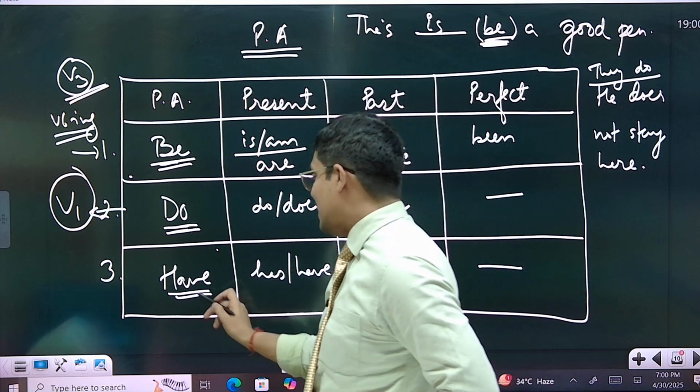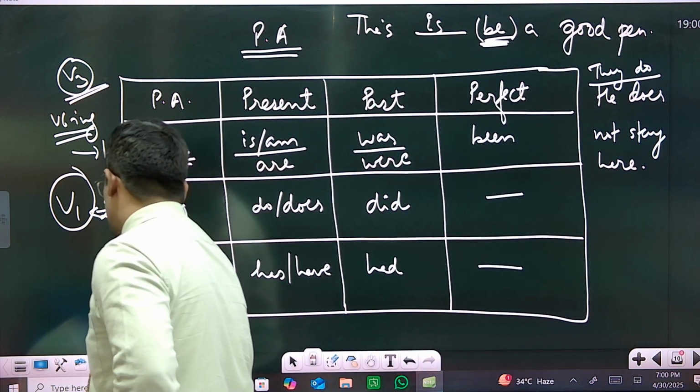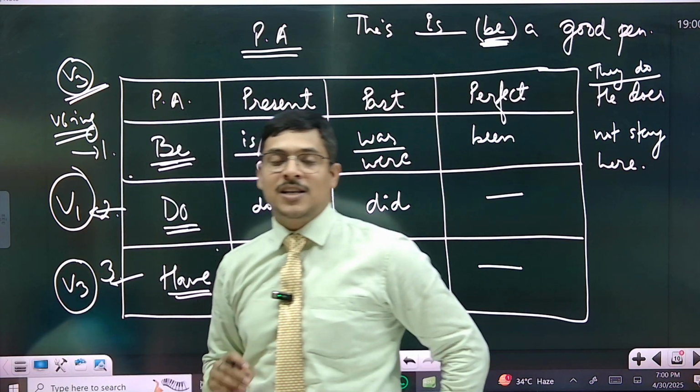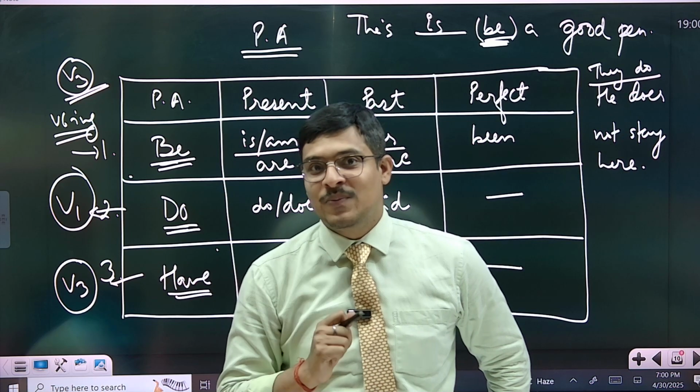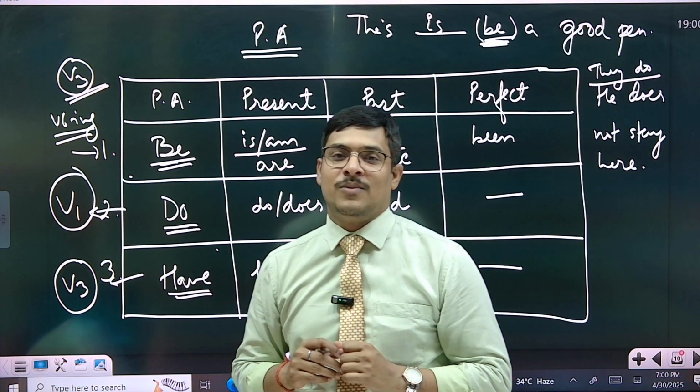And at the same time, if we have has, have, or had, we always use only third form of verb, that is past participle. I hope it is making sense to you. Children, one simple trick I'm going to give you now. One more.